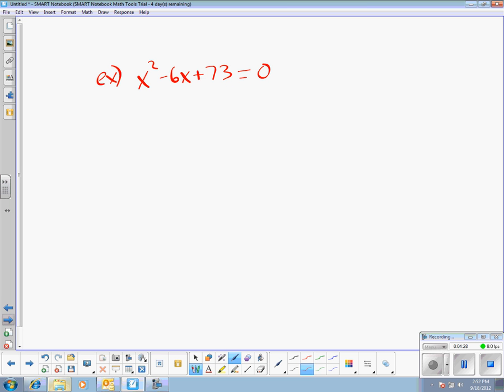In this section, the main section of problems, we solve this equation and then check one of the two solutions. So let's solve the equation first with our favorite little formula. -b would be 6 plus or minus the square root. b squared is 36 minus 4 times 1 times 73.